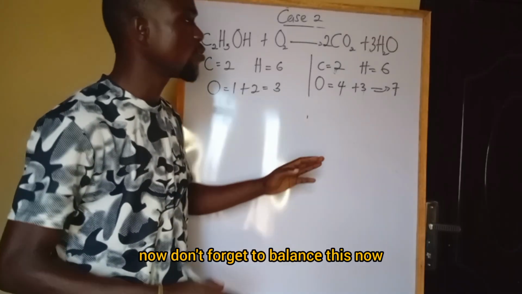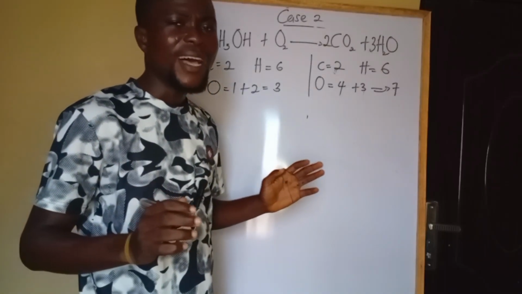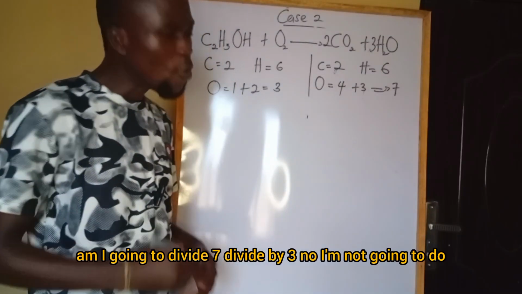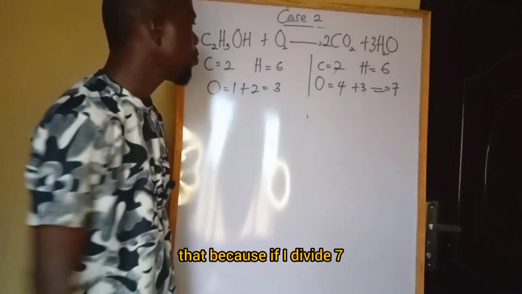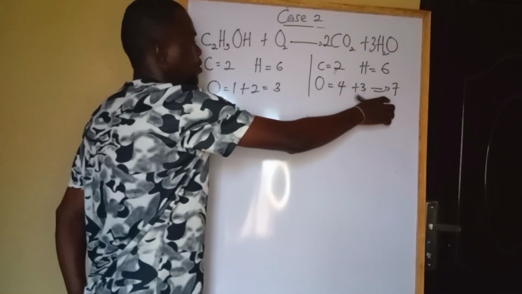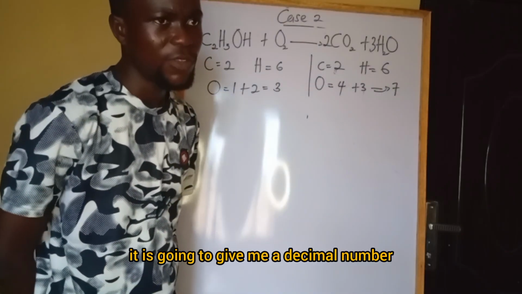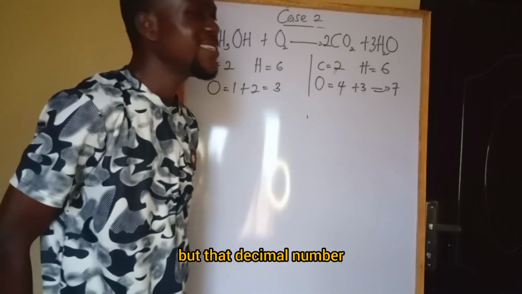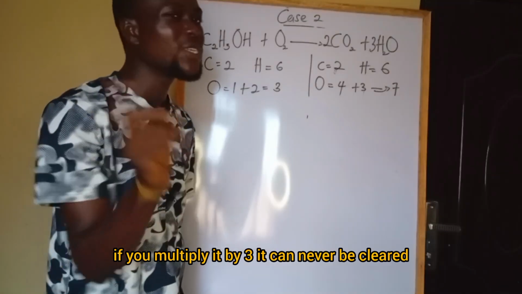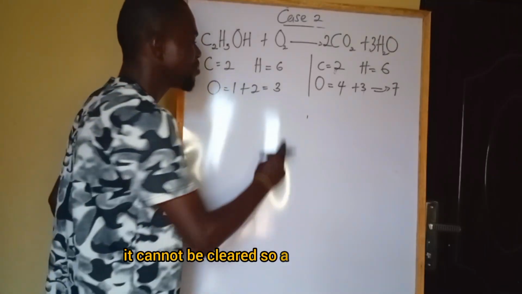Now, don't forget, to balance this, am I going to divide 7 by 3? No, I'm not going to do that, because if I divide 7 by 3, it is going to give me a decimal number. But that decimal number, if you multiply it by 2, can never be cleared.